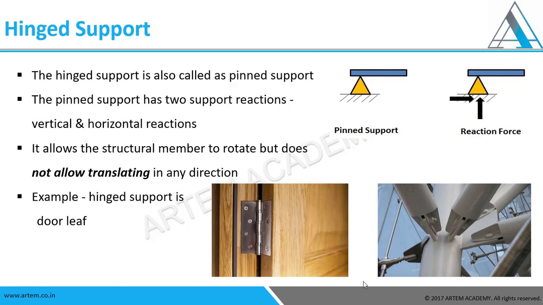There we have the rotation of the door, but it won't allow any translation. Another example is a suspension bridge. Ultimately, what we can state is that it allows the structural member to rotate but not translate in any direction. The best example is a door.